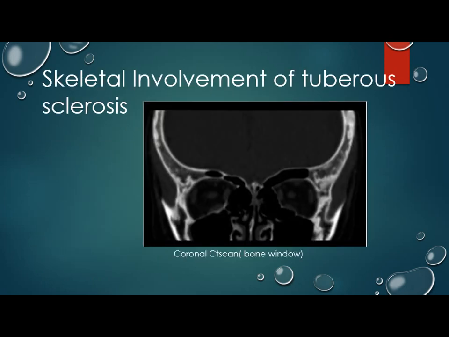Skeletal manifestations: we have hyperostosis of the inner wall of the skull, periosteal new bone formation, and multiple osteoblastic lesions. These lesions occur in all parts of the body, in all the bones, even involving the hand and foot. It also causes scoliosis. What else do we have?